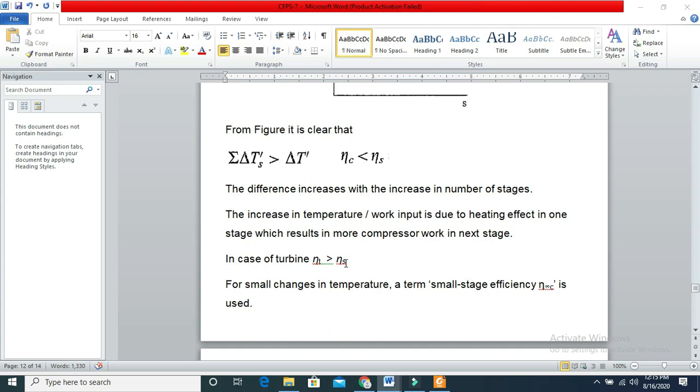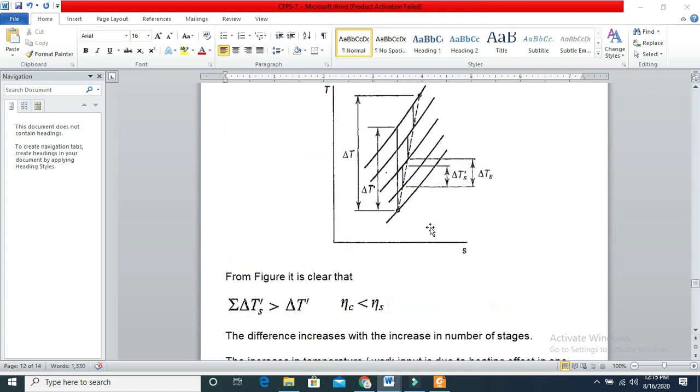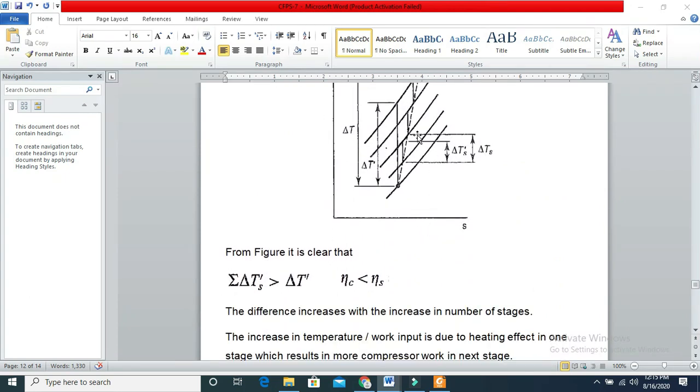For the turbine, the case is opposite. The overall efficiency of the turbine is greater than the stage efficiency. For the case of a compressor, the temperature is increased.